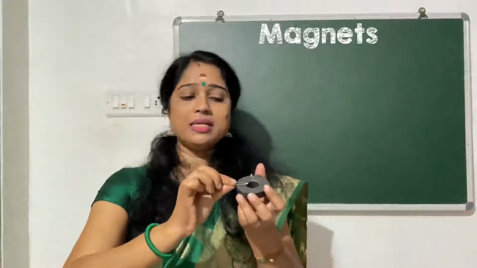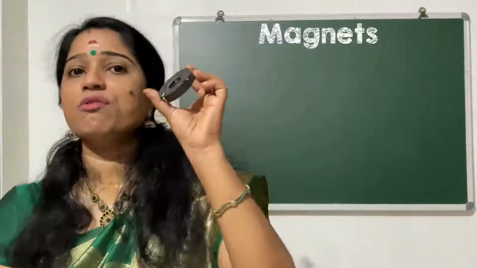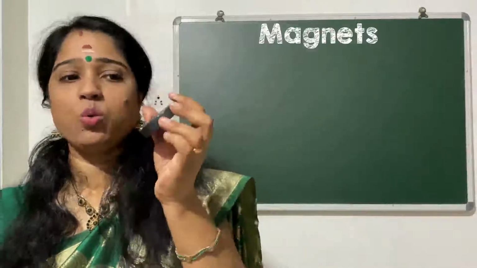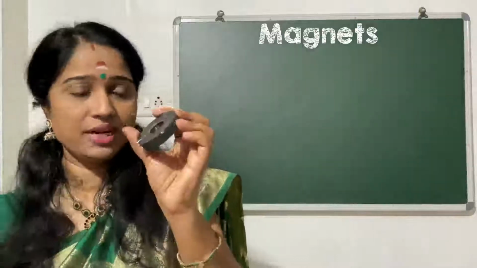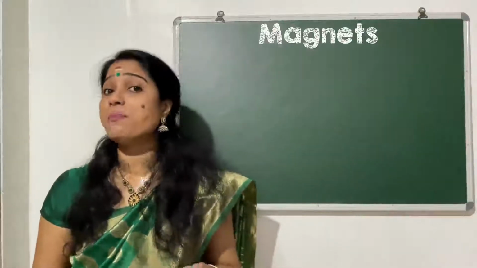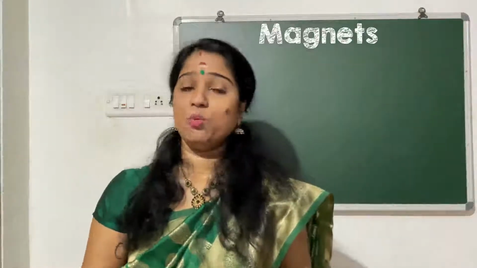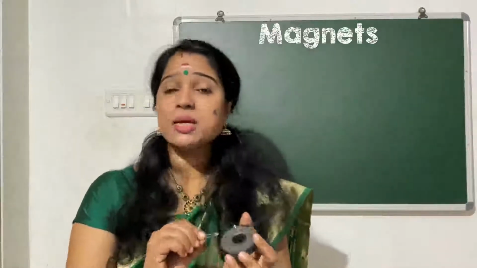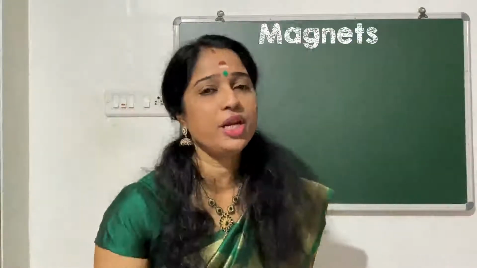So if I keep this iron material for a longer time in contact with this magnet, you know what will happen? It will gain the magnetic property. So you can make a temporary magnet out of it. That means this object will act as a magnet for a short period of time.